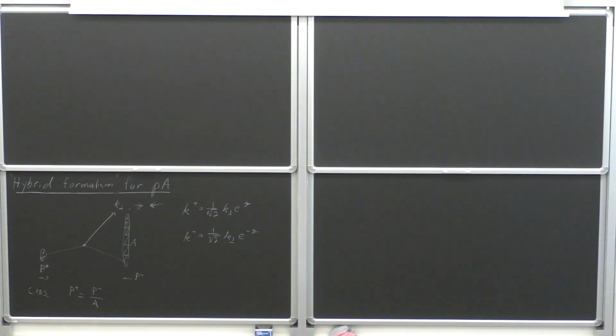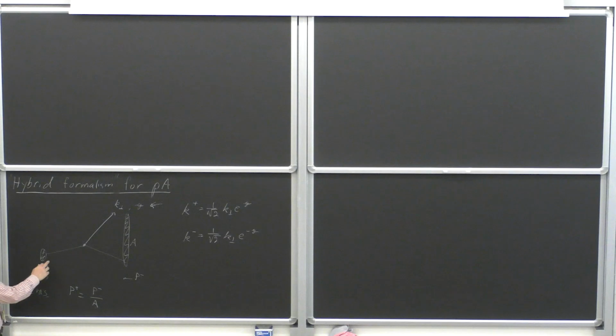Masses are 0. We're taking this proton and this nucleus to go exactly at the speed of light, which means that this proton doesn't have any minus momentum. In reality, it has a minus momentum that goes like mass squared divided by p plus, but p plus is pretty large at the LHC, so we're going to neglect that.